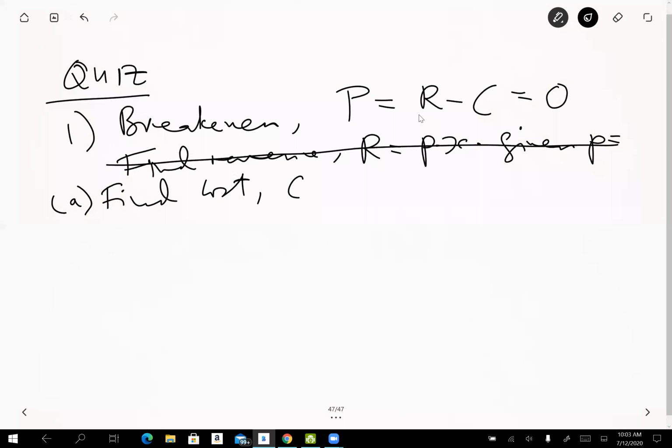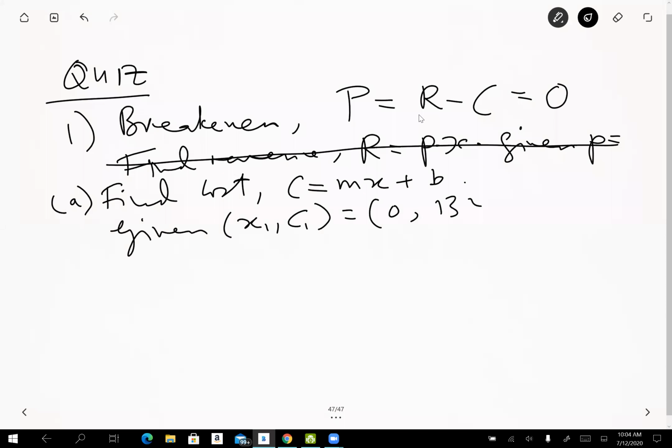Now C, a linear function, is equal to mx plus b. So you need to find m, you need to find b. All right. So you are given what? You are given 2 points. So call it x1, c1. That is equal to fixed cost, which is 0, and 134,670.